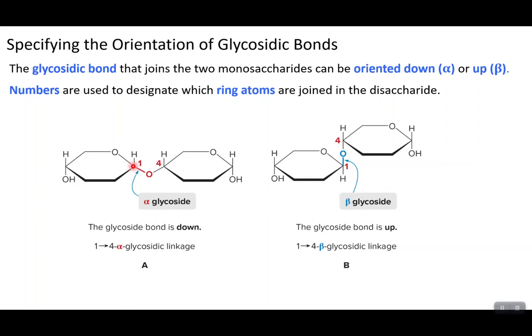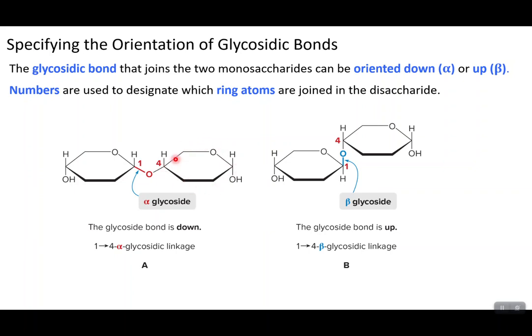I know this is the anomeric carbon because one, it is to the right of this oxygen in my ring. This is the standard that we use to draw our structures. So this has to be the anomeric carbon. And then I see that this oxygen is bonded to that anomeric carbon. And that is what joins then the second monosaccharide. So the glycosidic bond is this one here between the anomeric carbon and the oxygen of the second carbohydrate.